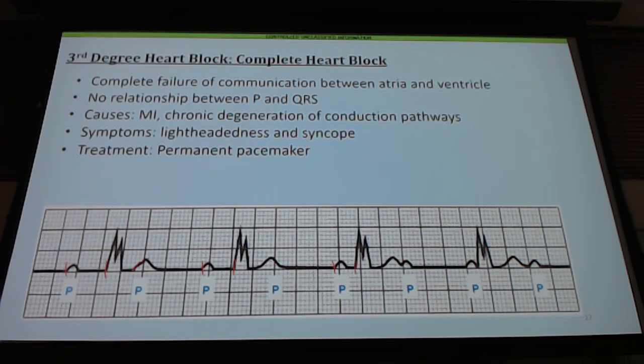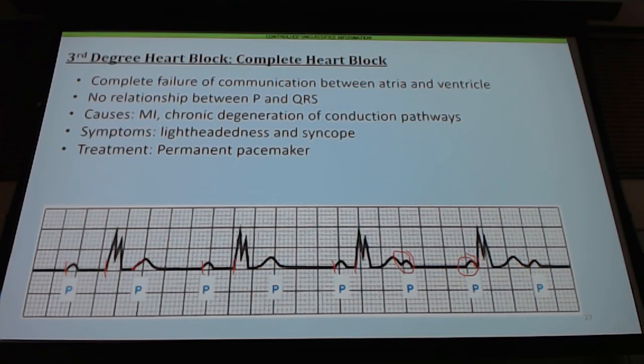It's kind of like the opposite of a Wenckebach, right? And then it looks like, okay, here's a drop beat. Now there is no PR interval really, it just immediately goes into the QRS. So you can see that there is no predictability at all in a third degree AV block.